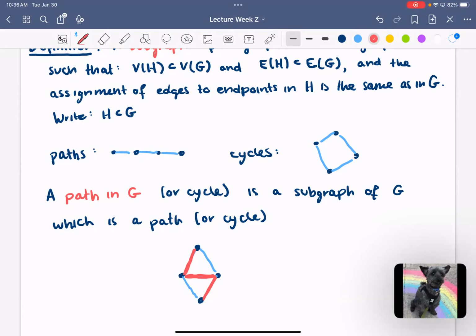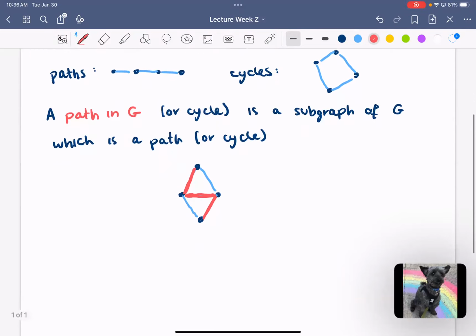Okay, so now I think the language gets a little bit confusing, so we'll try and keep all the language sorted. So we're going to make a definition for talking about different types of paths inside of a graph.